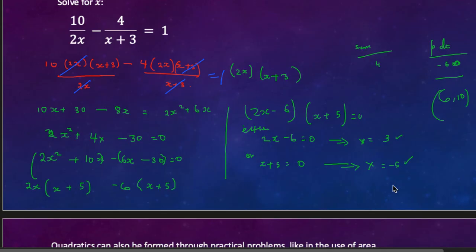X plus 5 and then 2x minus 6. Negative 6x minus 30. 2x squared plus 10. Okay. All right.